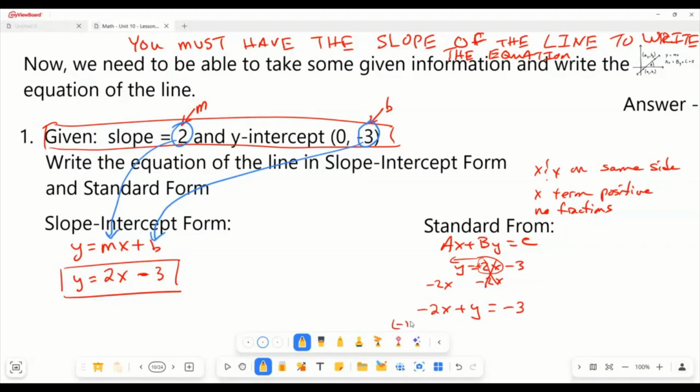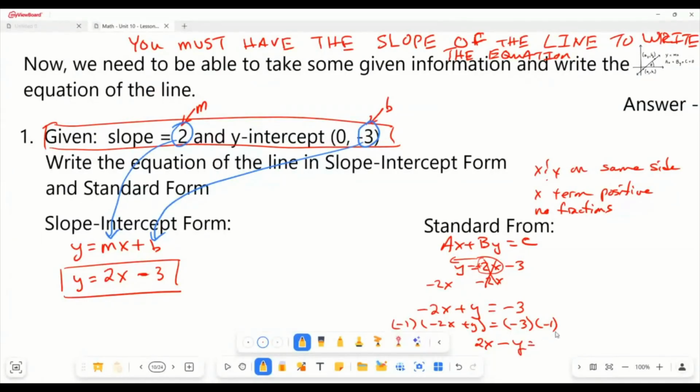If I multiply the entire equation by -1, that will go away. -1 times -2x is positive 2x. -1 times positive y is -y.